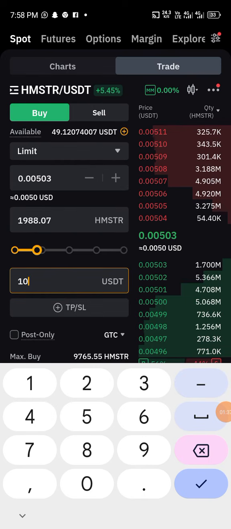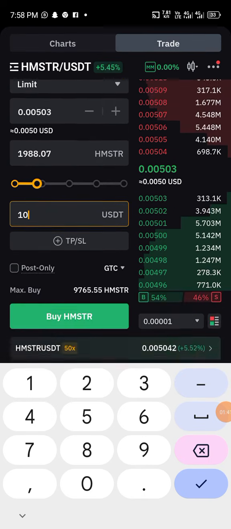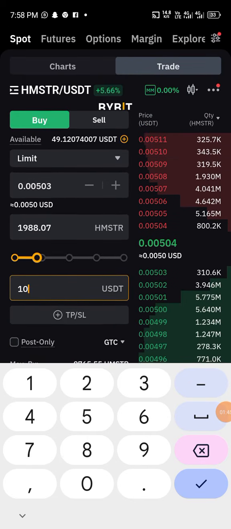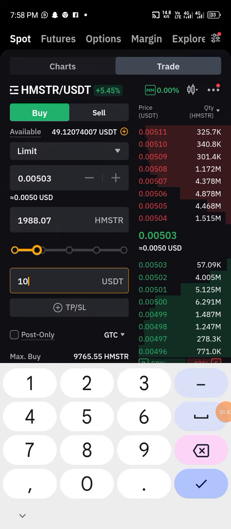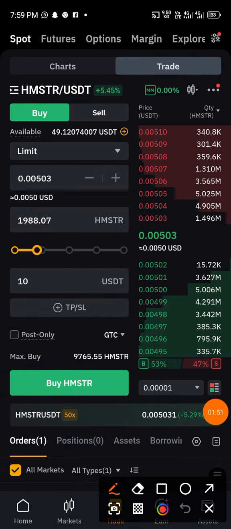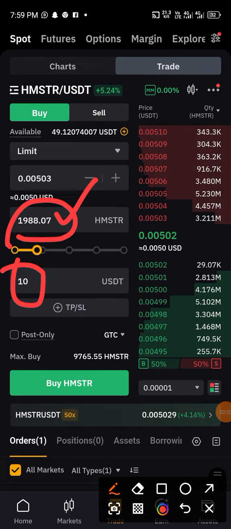If you invest 10 USDT on this Hamster, your quantity will be given to you here. You'll be given 1,988.07 with your 10 USDT.